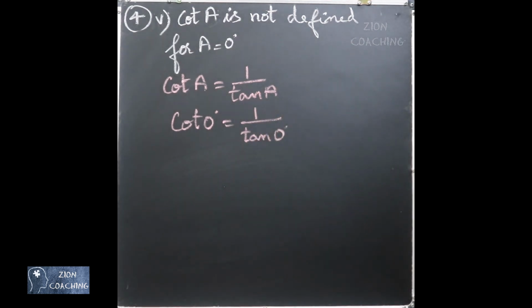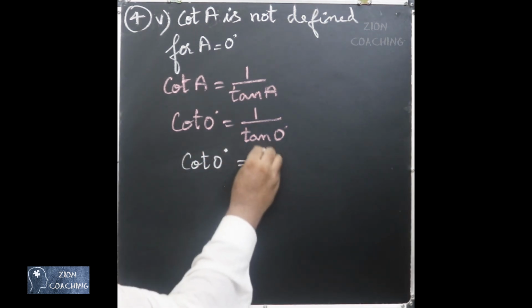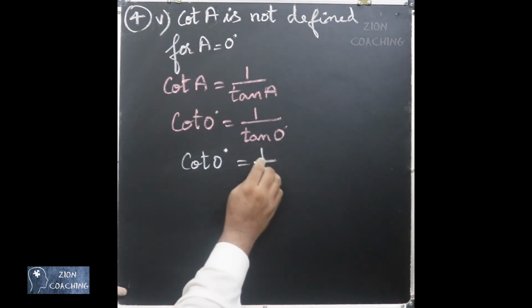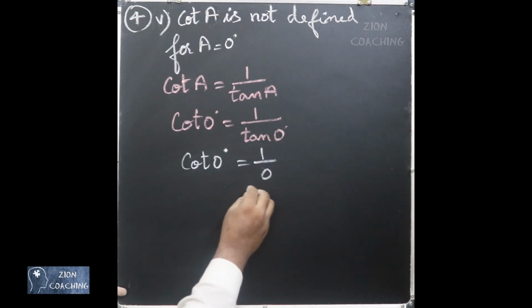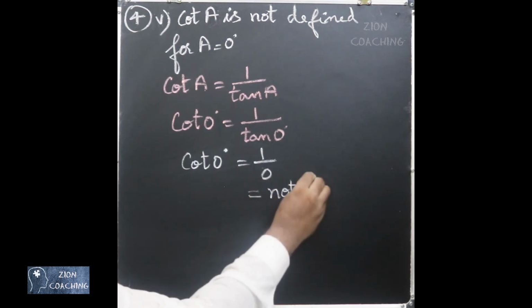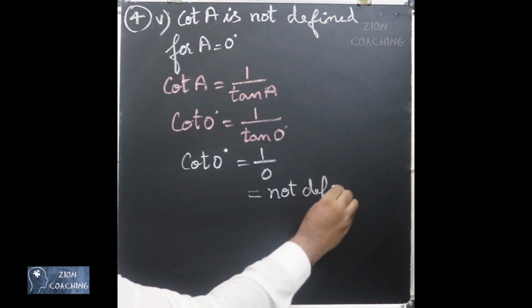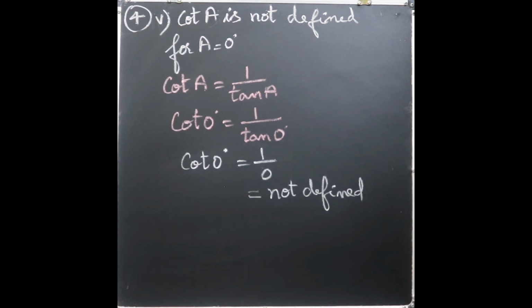Tan 0 degree value is 0. So your cot 0 degree is going to be 1 by 0. Division by 0, 1 cannot be divided by nothing. So practically it is not defined. Therefore the statement cot A is not defined for A equal to 0 degree is true.